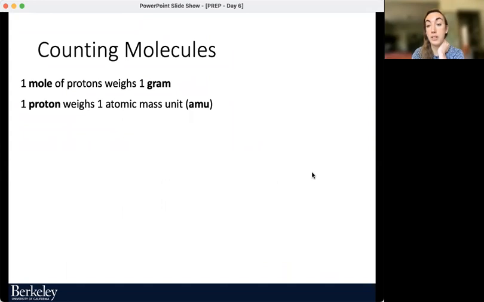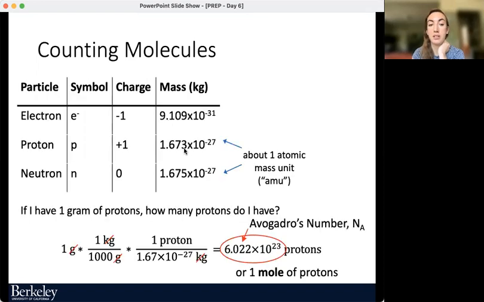So what we just figured out is that 1 mole of protons weighs 1 gram. We also know that 1 proton weighs 1 atomic mass unit. Those are both just straight from this table. So 1 proton weighs 1 atomic mass unit, and we just figured out that 1 gram of protons has 1 mole in it.